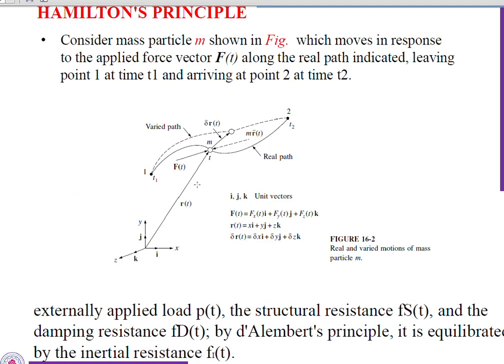Suppose you take this element. f of t is the total force acting over the mass m, and it acts in three directions. This force f of t is the resultant of these three forces: fx of t into i plus fy of t into j plus fz of t into k.